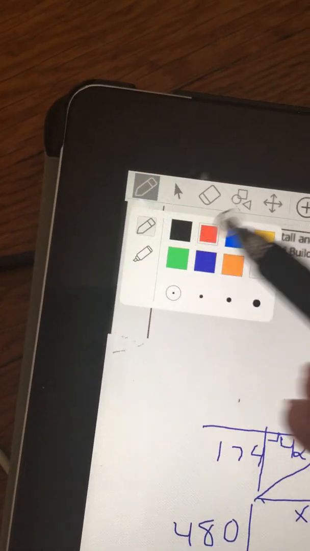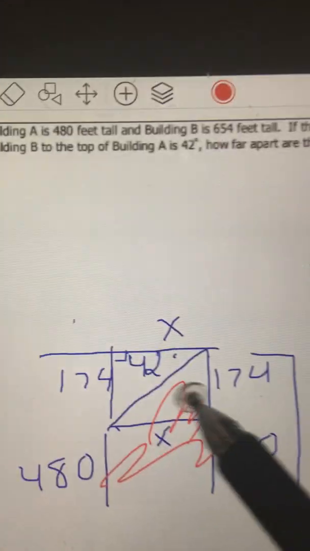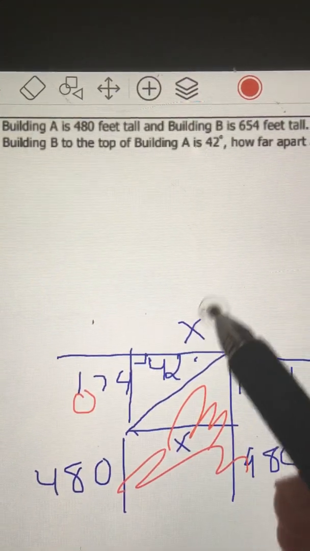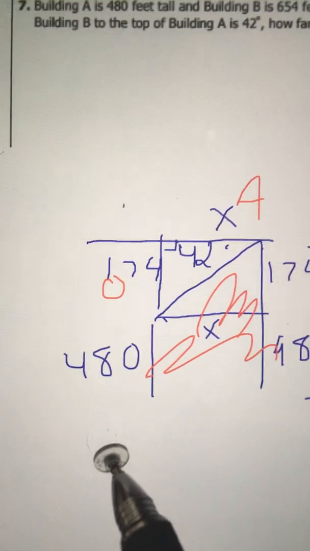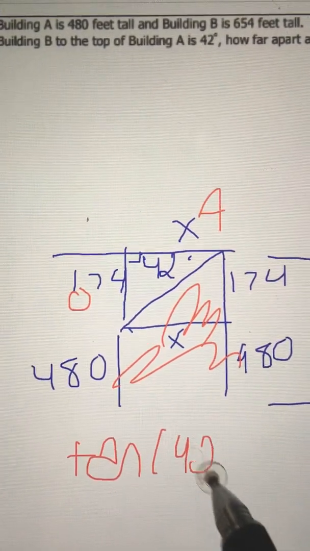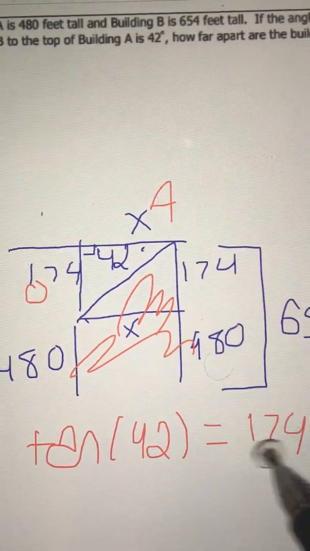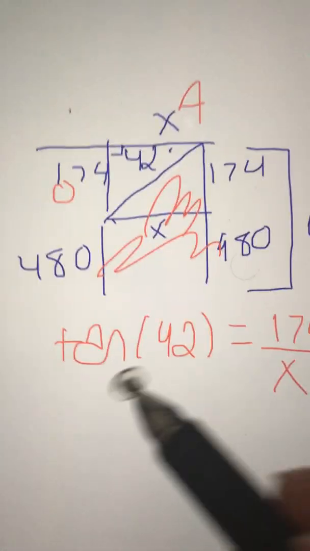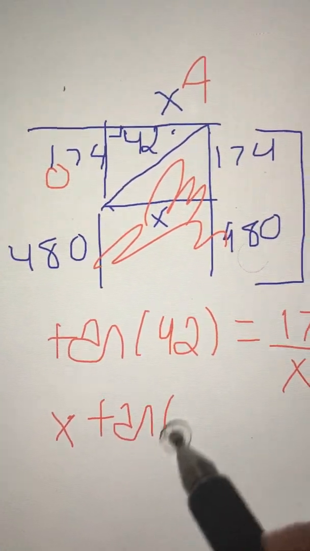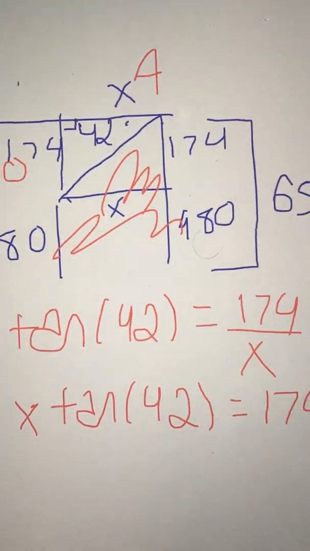Actually, blue and purple look too similar. So we can ignore all of this stuff and just deal with this triangle up here. So we have opposite and adjacent again. So we're using tangent. So tangent of 42 equals opposite 174 over x. So x times the tangent of 42 equals 174.